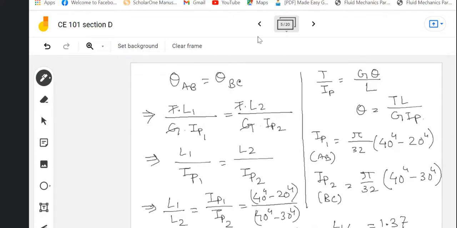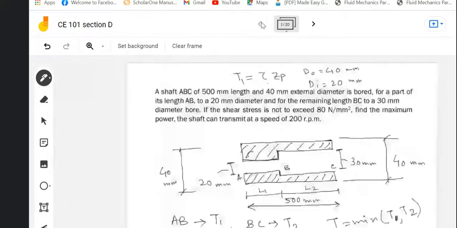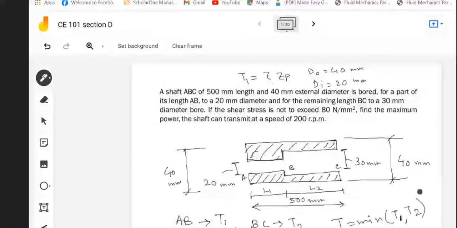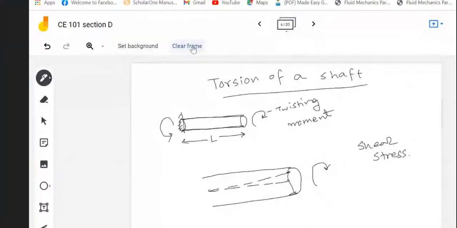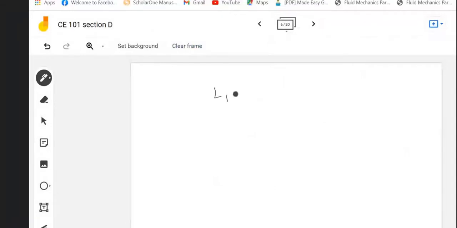What is another expression we can use for L1 and L2? L1 plus L2 is equal to 500. Yes, very good, that is what I was asking. So L1 plus L2 is 500 and L1 is 1.37 times L2.